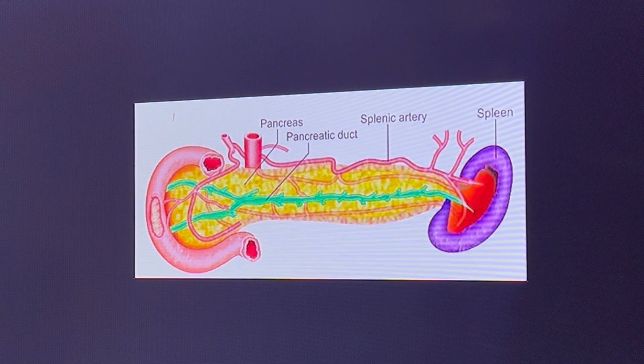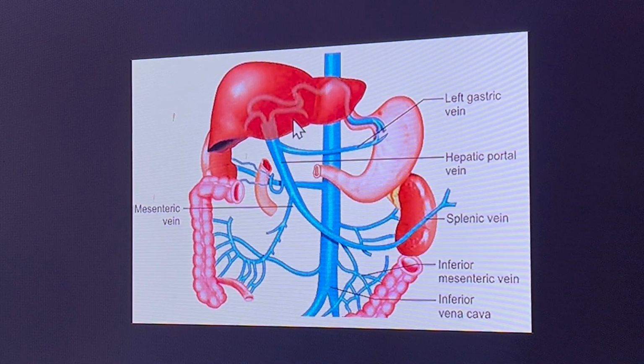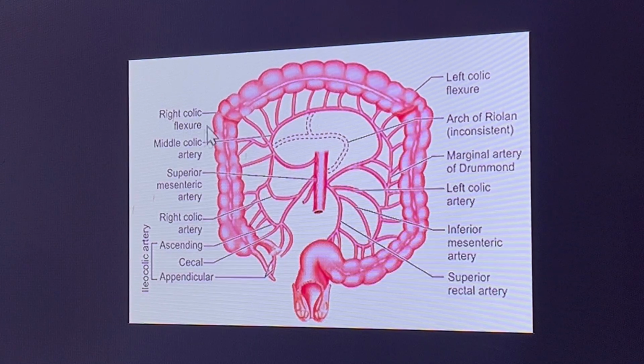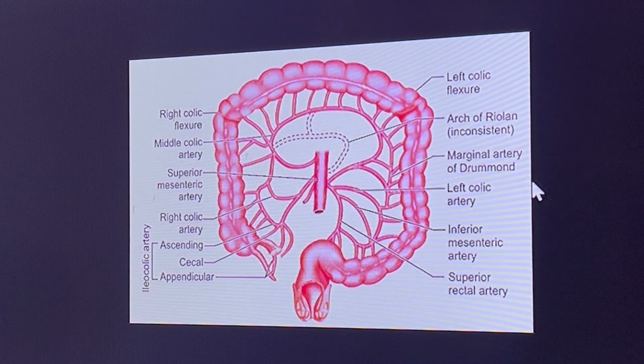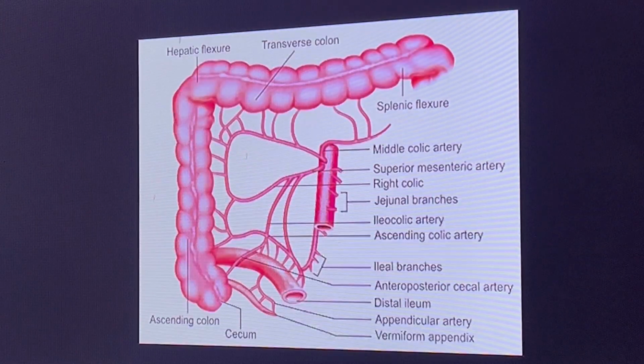So this is the pancreatic duct, arteries, splenic arteries, and spleen. This is the basic structure of the portal system. Then you have the superior mesenteric branches, the right colic, middle colic arteries, the marginal artery of Drummond, which is here, and the inferior mesenteric artery and superior rectal artery.